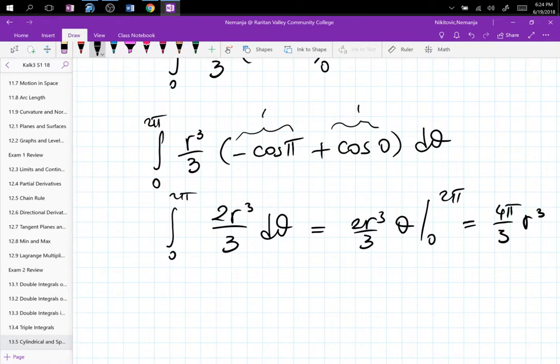So this would be a living nightmare to do in x, y, z rectangular coordinates. What you can do, however, is set up a spherical integral. This part is part of a sphere, and if it's part of the sphere, spherical coordinates should do the trick.